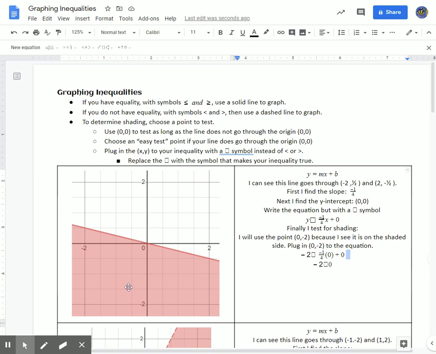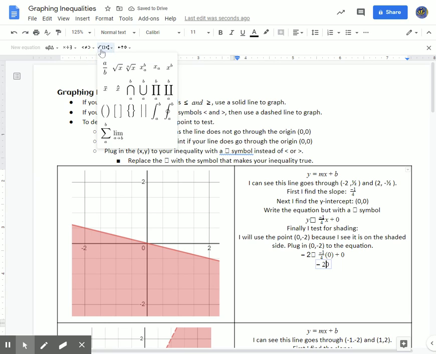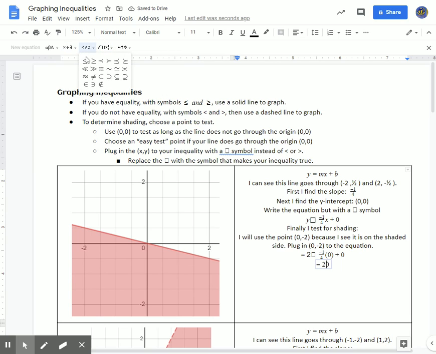First of all, I know there's equality because there's this solid line, and -2 is less than 0. So that means I need to use the less than or equals sign. Oops, I have to go up here and grab it. There it is. So I have less than or equal to. That is what makes it true.